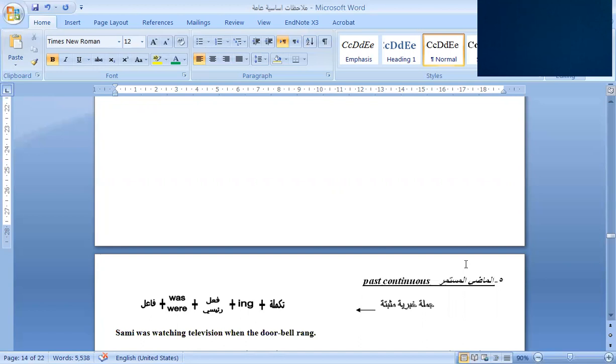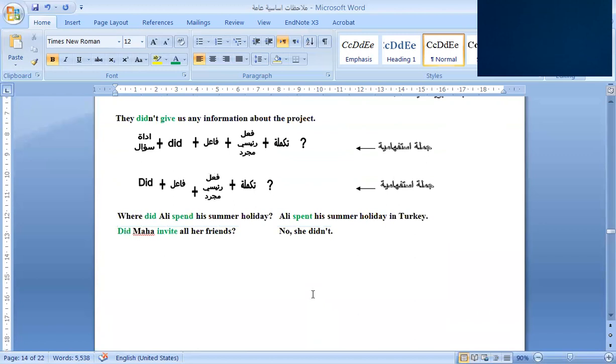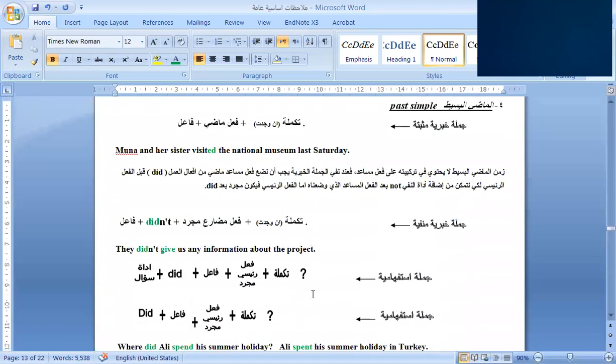It doesn't matter whether you have a long period in the past or a short one. سواء كانت الفترة طويلة أو قصيرة في الماضي ما تغير شيء. أوكي. لكن أكو بعض الحالات بيكون عندنا أكثر من حالة وأكثر من حدث. We are going to explain that later. هذا فيما يخص الماضي البسيط.